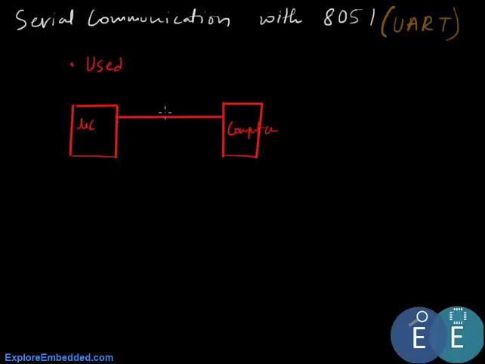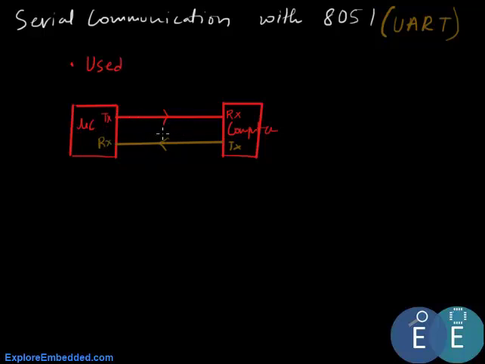So say this line transmits, so this is TX for the microcontroller, and it receives on the computer side, and the other way around the computer could transmit on this line and the microcontroller will receive. These are the TX and the RX lines.